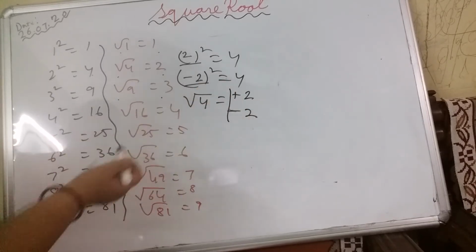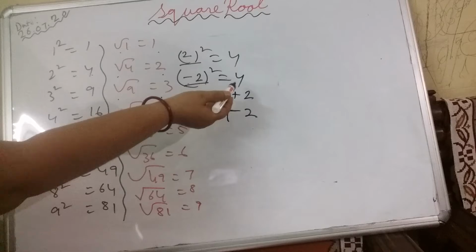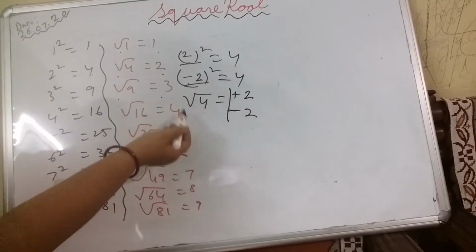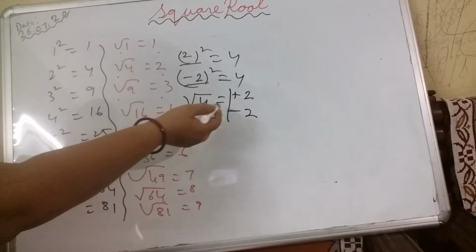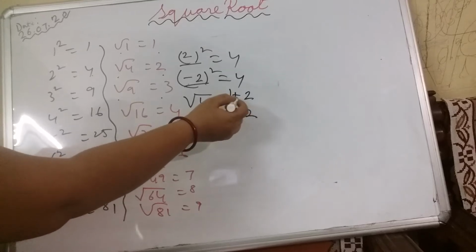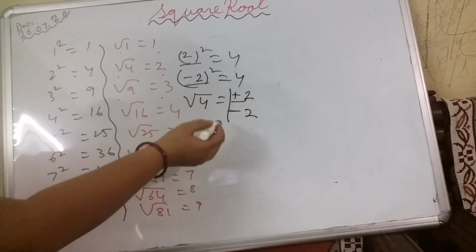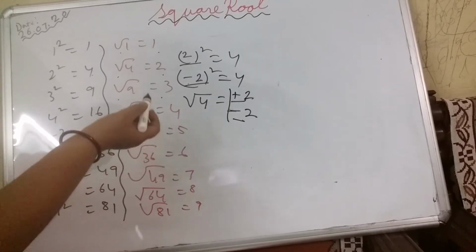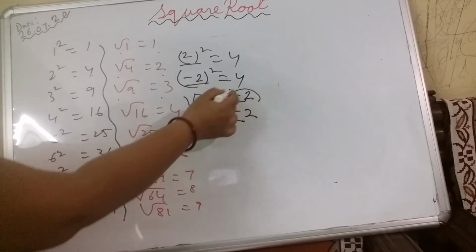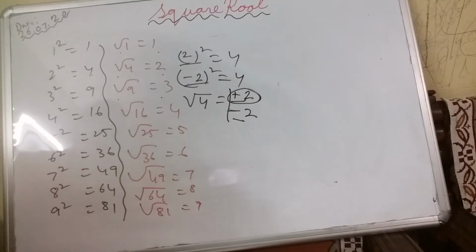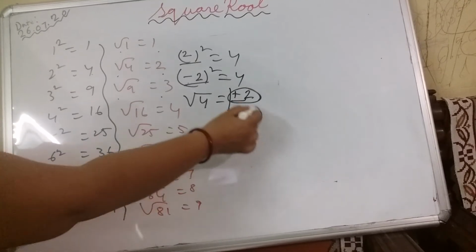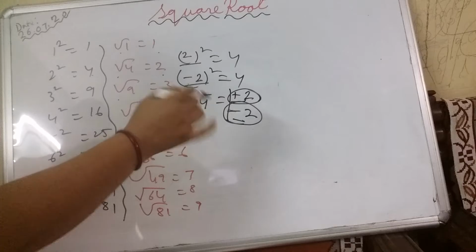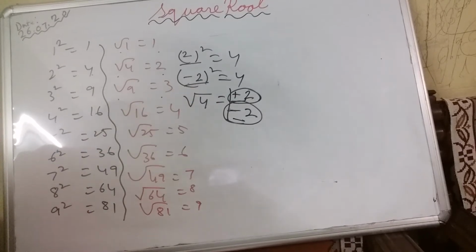Both are possible because minus becomes plus. So for square root of any positive number, you will get a positive square root and a negative square root. But in this class, we will only consider this positive square root. We will not consider this negative square root now. You will learn it in your higher class.